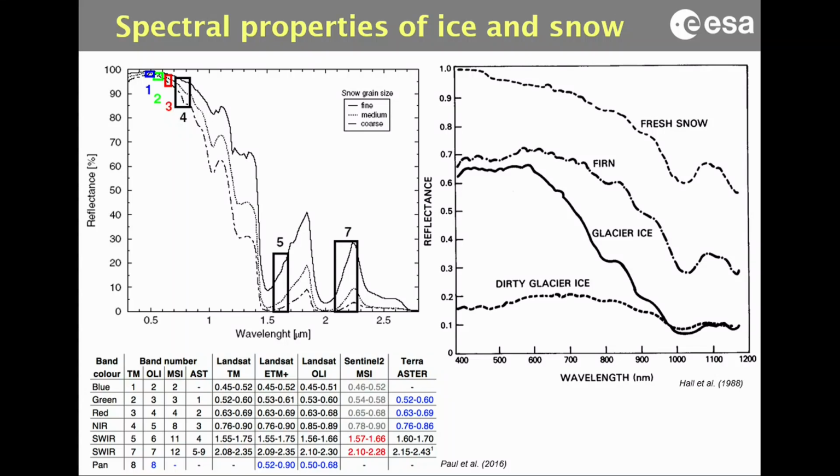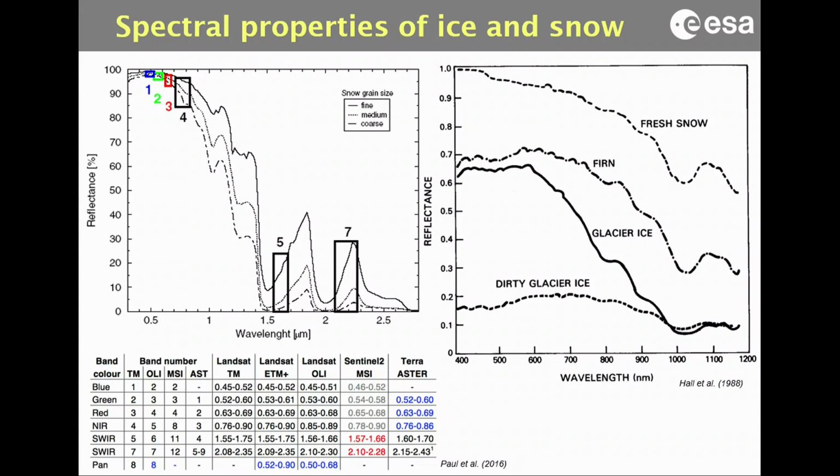So when you walk over a glacier and your eyes are sensitive to the visible light, as they should be, you should wear sunglasses. But if your eyes would be sensitive to the shortwave infrared and only to this part, you really need some light amplifier to see something, because it's much darker than coal. And of course, we can use this strong difference in spectral reflectance to map the glacier ice and snow.